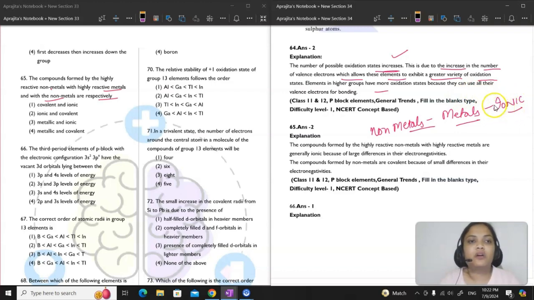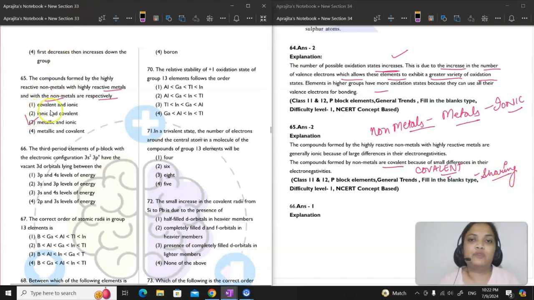Whereas highly reactive non-metals will form covalent compounds with other non-metals because there will be a small difference in electronegativity. In that case, transfer of electrons would not be possible and there will be sharing of electrons. So the answer is going to be ionic and covalent, option number 2.